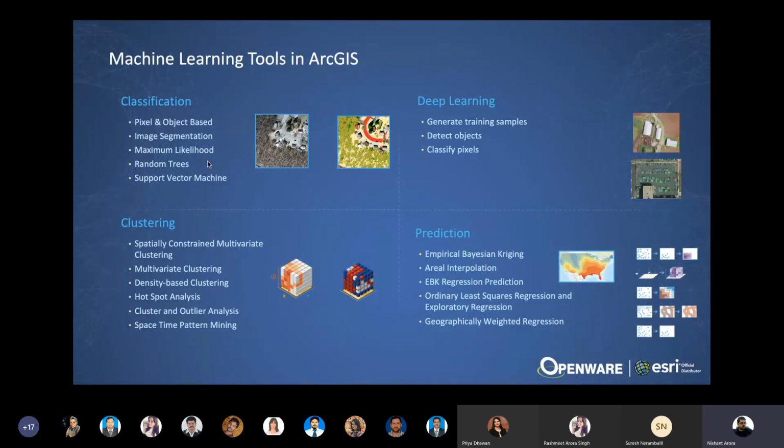Object detection and pixel classification are among the most important computer vision tasks and are particularly useful for spatial analysis. Some of the inbuilt tools that we have in ArcGIS for deep learning are generating training samples, detecting objects, and classifying pixels.